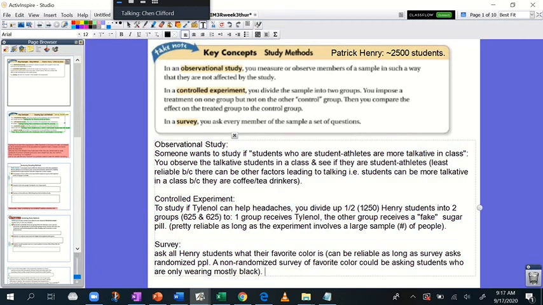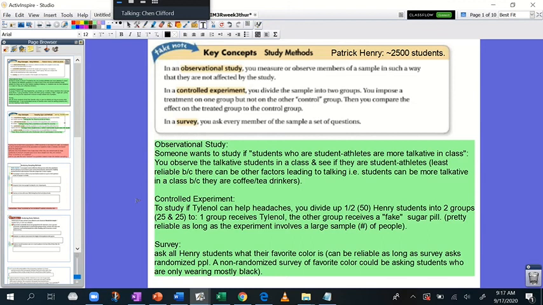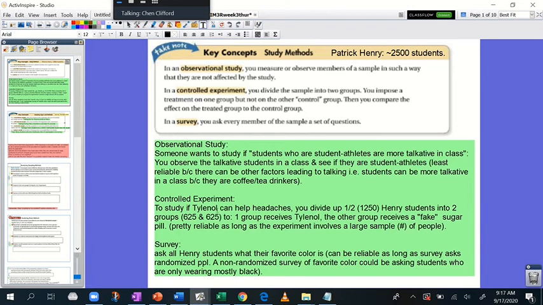Now you have 1,250 people. That's pretty reliable. If we change this to 50 and made it just 25 and 25, that's not too reliable, I would say. Just make sure that you are doing this experiment with a lot of people, and controlled experiments are probably the most reliable.